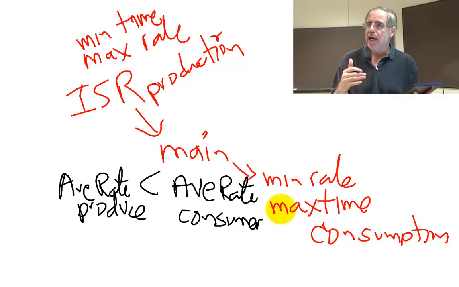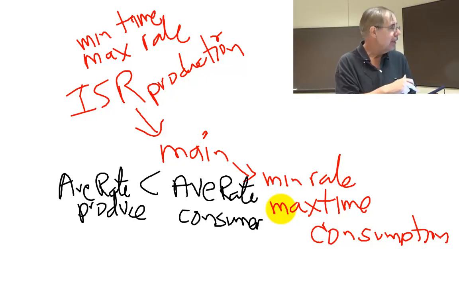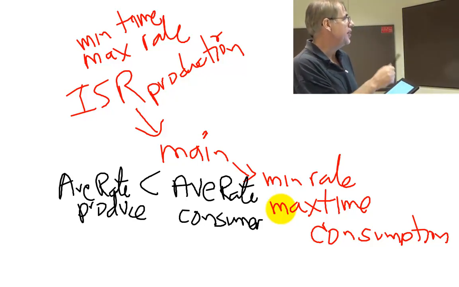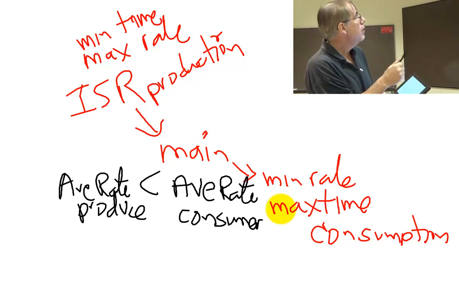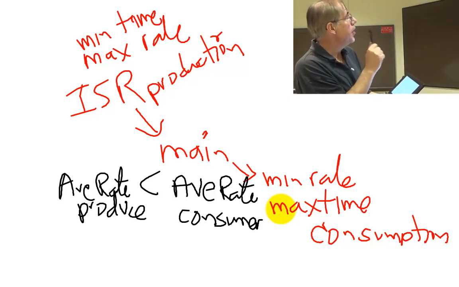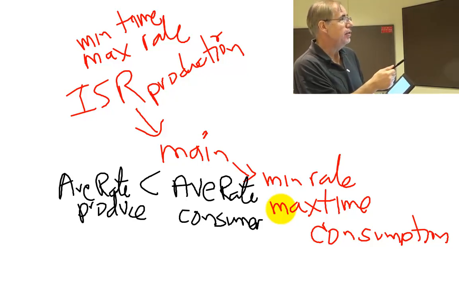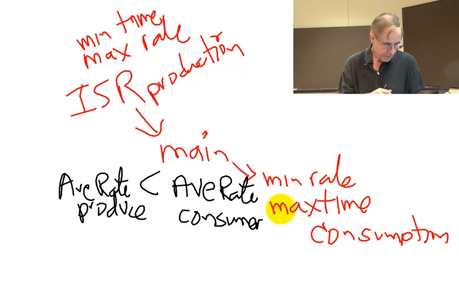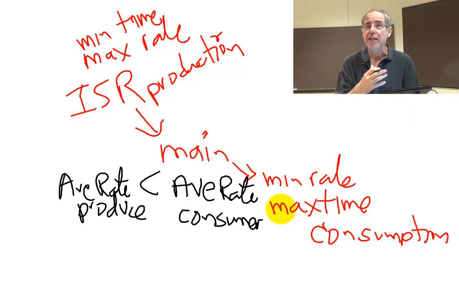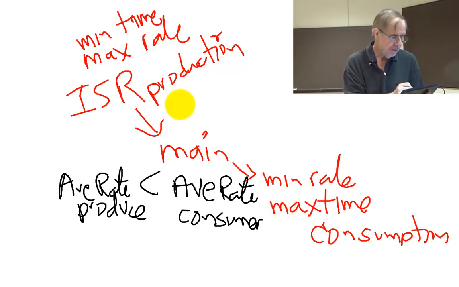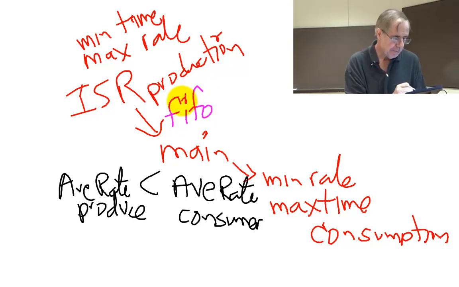But I'm defining the ability to produce and the ability to consume. I have to be able to consume faster than I produce on average. But I can allow the maximum rate to temporarily exceed the consumption rate. How? What magical data structure allows the data to come in temporarily very quickly? The FIFO. That's the basic idea.